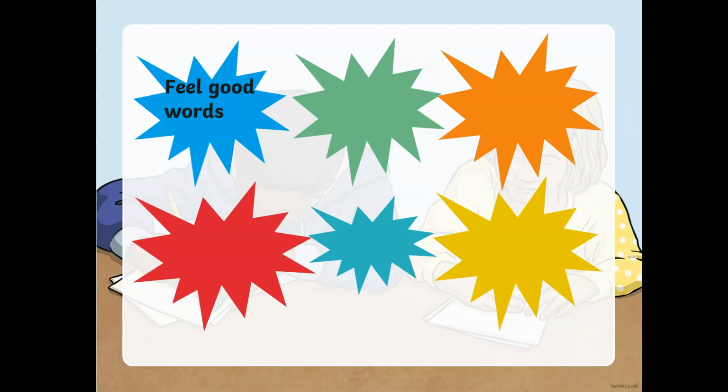Feel good words, this is really very important. I'll show you some examples like welcoming people, exciting adventures. Children, you can see these are good words which they use when they talk about website adverts or online advertisement.